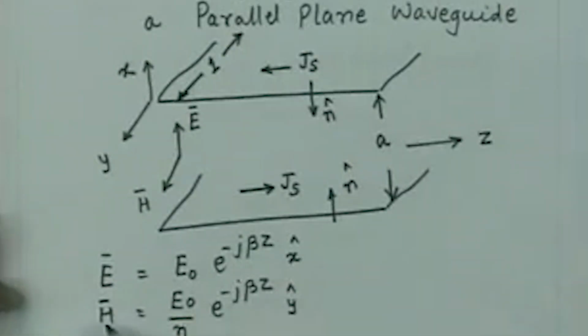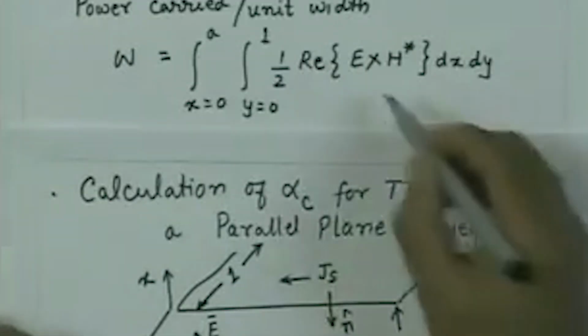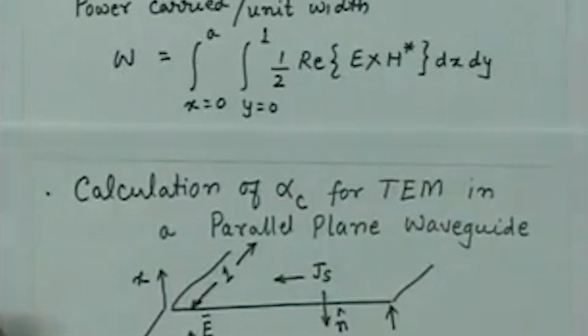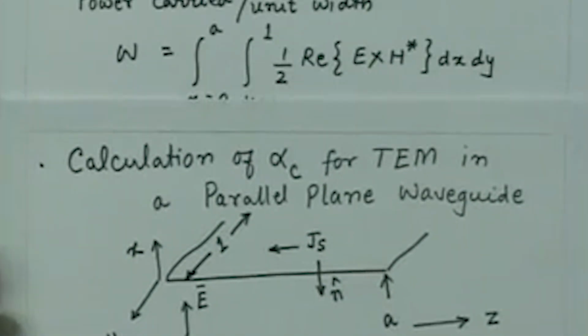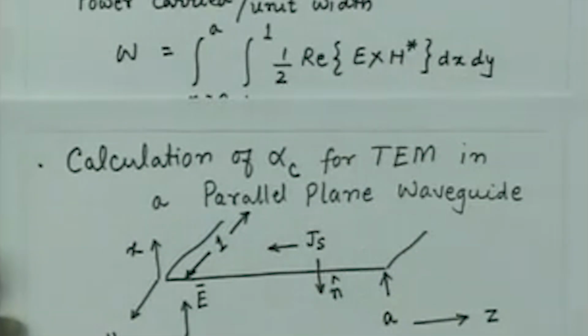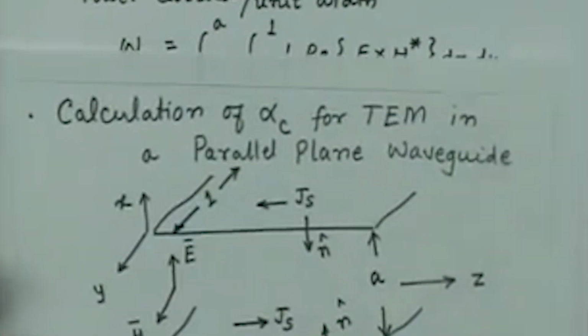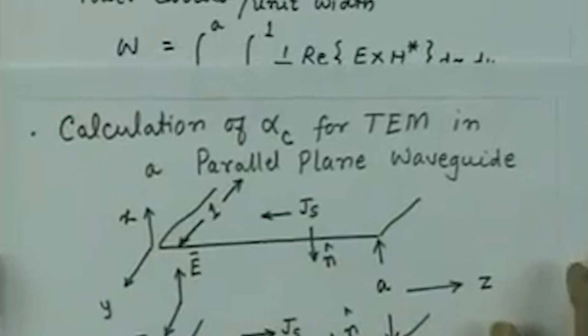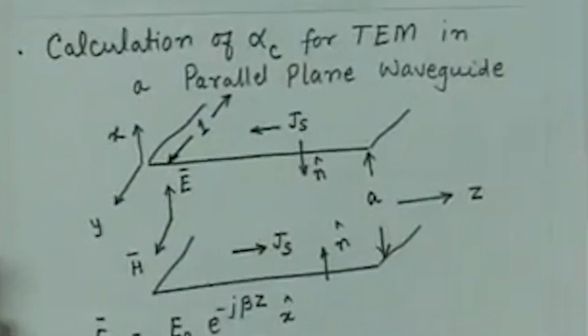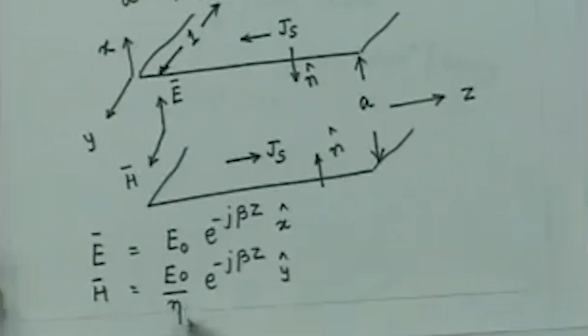Now, the electric field is x oriented and the magnetic field is y oriented. So, E cross H gives me the z direction. So, this power is going to flow in the z direction, and E cross H conjugate, if I take, this will be E0 multiplied by E0 conjugate upon eta conjugate. And if we consider that the dielectric which is filling this waveguide now is ideal dielectric, eta is a real quantity.